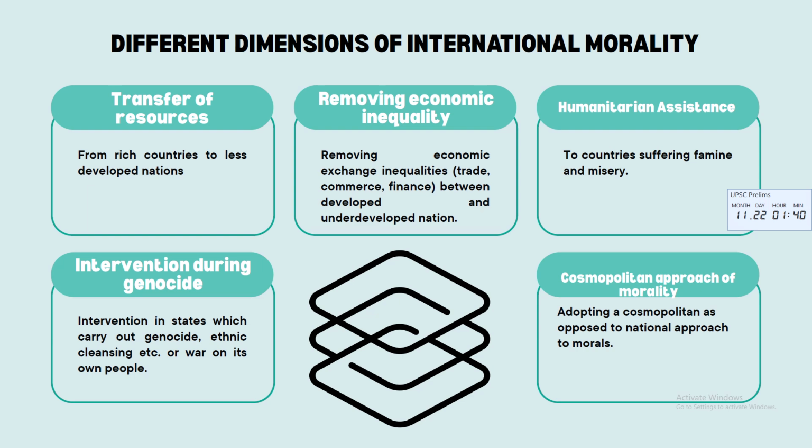An example is richer countries taking control of vital mineral resources of African countries. For example, USA and China have control over the mineral resources of Africa. That must not happen; the transfer of resources from rich countries to less developed nations should happen.